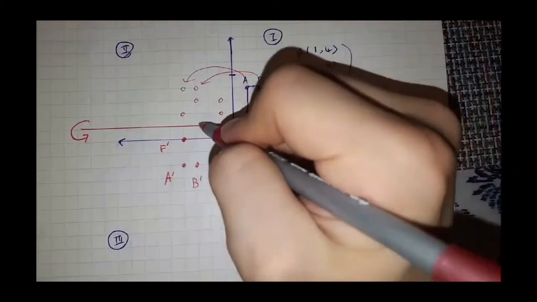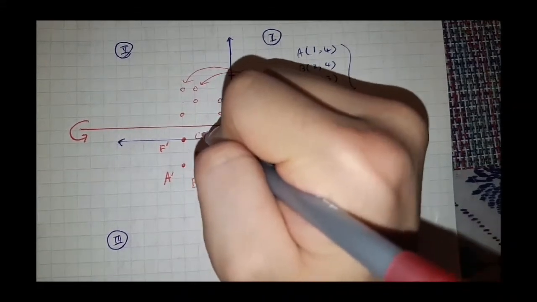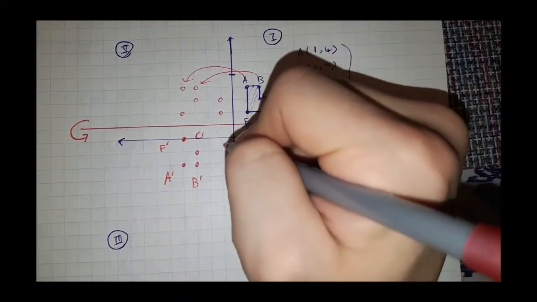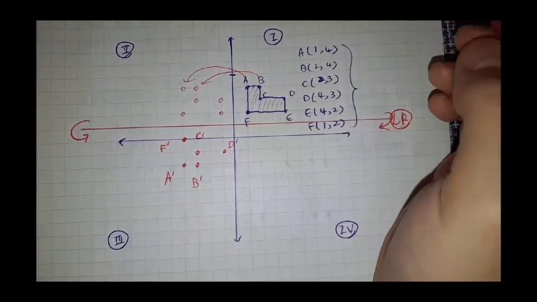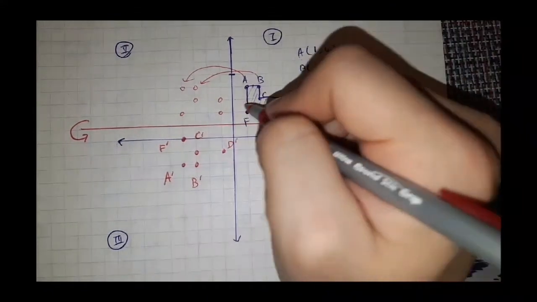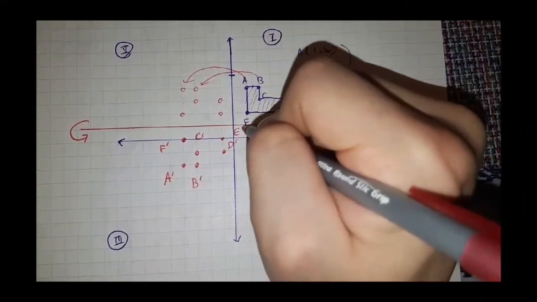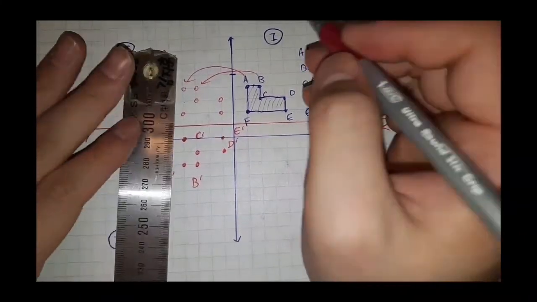C, 1, 2 up, 1, 2 down. D, 1, 2 up, 1, 2 down. E, 1 up, 1 down. So if I connect everything, even though it doesn't look like it, you will see.